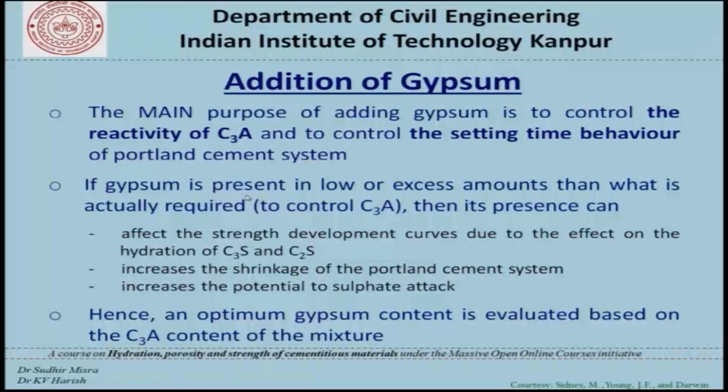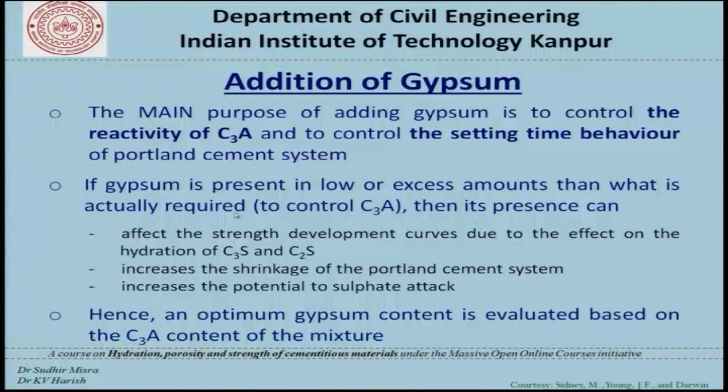If gypsum is present in lower or excess amounts than what is actually required to control C3A, then its presence can affect the strength development curves due to the effect on the hydration of C3S and C2S, increases the shrinkage of the Portland cement system, and increases the potential for sulphate attack. The role of gypsum will be explained at a later stage when we deal with hydration of Portland cement.